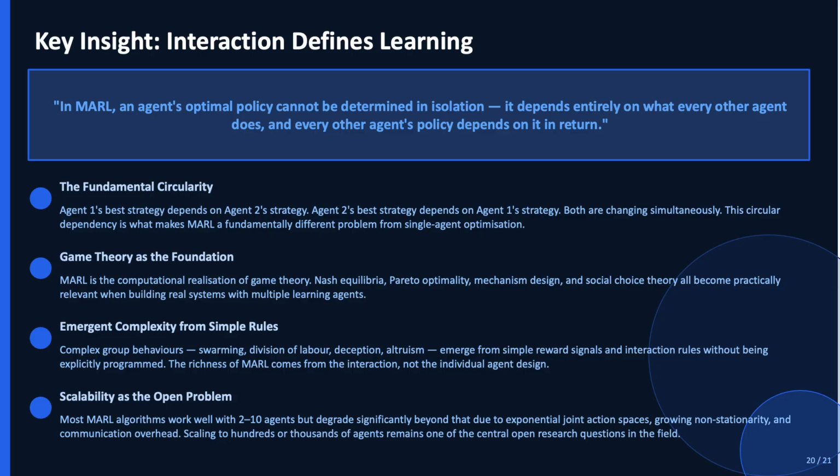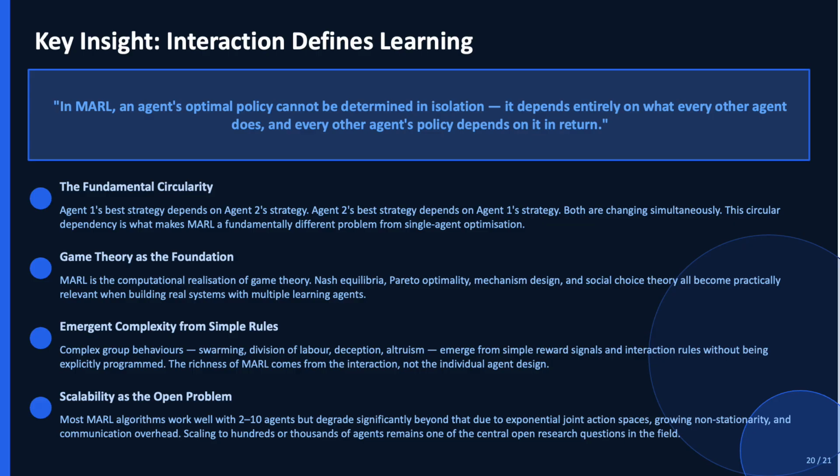The deepest insight in multi-agent reinforcement learning is that the interaction between agents is not a complication to be managed but the fundamental phenomenon being studied. An agent learning in a multi-agent environment is not just learning about the physical world, it is learning about the strategies of other agents, adapting to those strategies and simultaneously causing those agents to adapt to it.